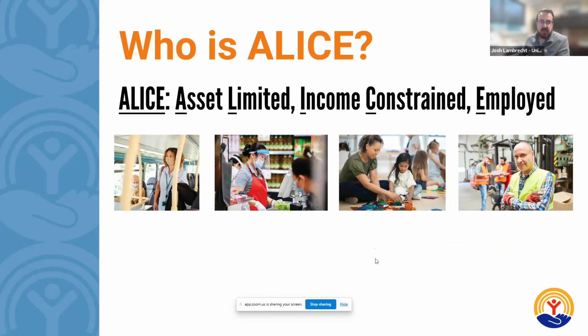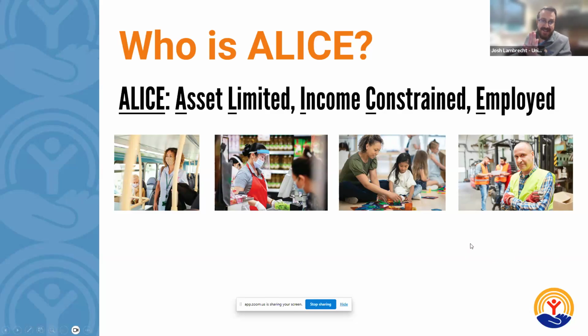They were your bus drivers, your grocery store checkout folks, your youth development and or childcare specialists. They might be working in a warehouse. They're folks that were essential and are essential to our economy. However, due to a variety of factors, they're not making enough to be able to support themselves.